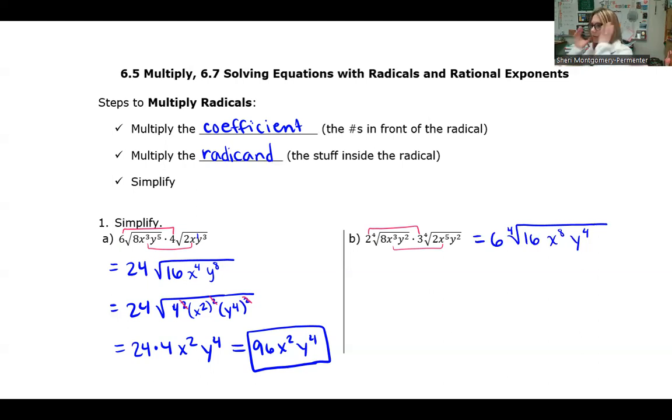That first step, do you agree? Brooklyn, you're erasing. Why? Okay, okay.